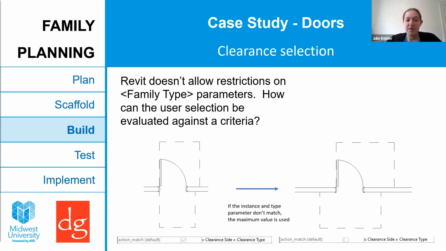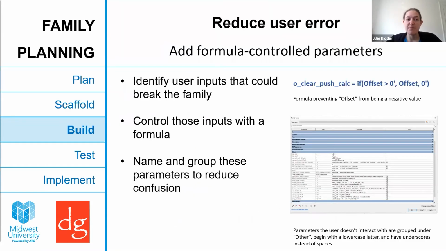So that's one example of how you can use formulas to keep them working correctly without creating errors that break the family. And one of those that is likely to break families is if you have arrays in your family and they go below 2.